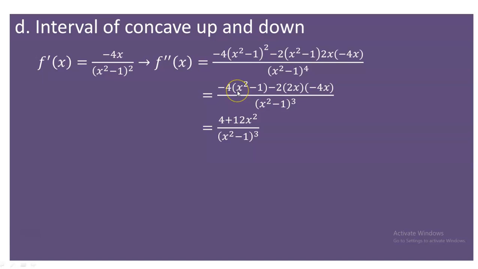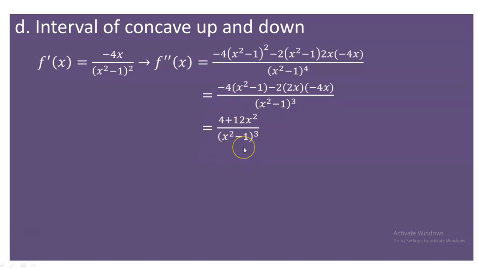Negative 4x squared can be cancelled by, here we are going to have negative 4x squared plus 4, and this is minus 2 times 2 is minus 4, with minus 4 positive 16. So 16x squared minus 4x squared makes positive 12x squared, and this negative 4 multiplied with negative 1 makes positive 4. So you will have this one.